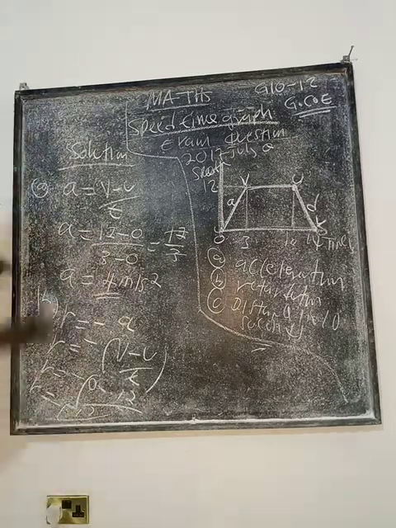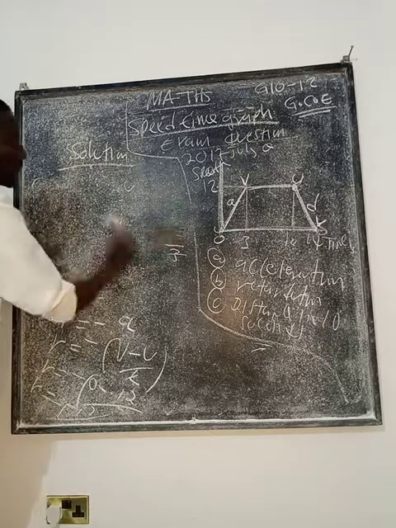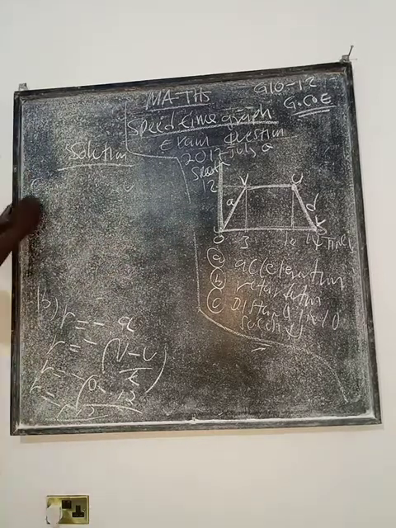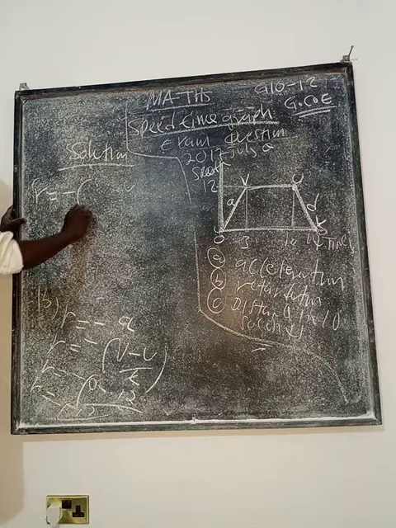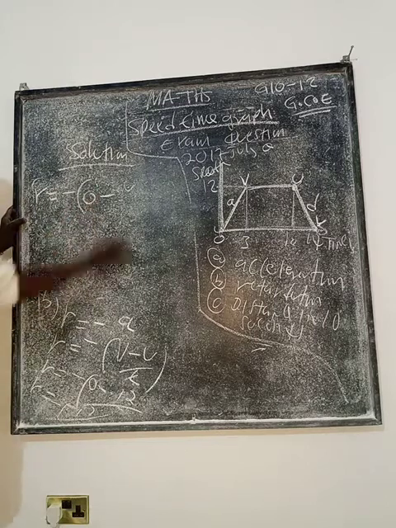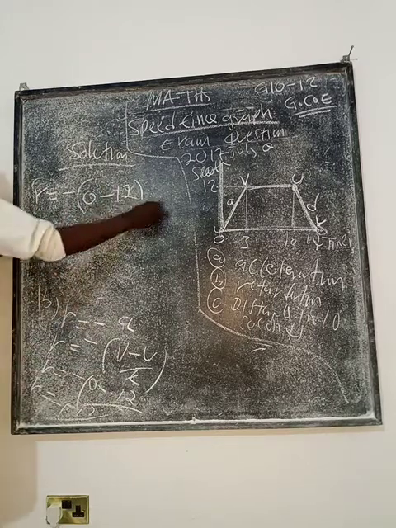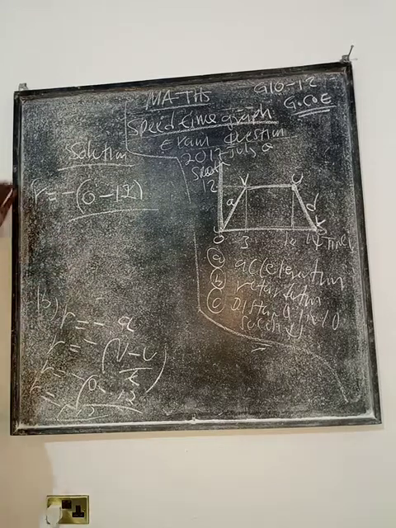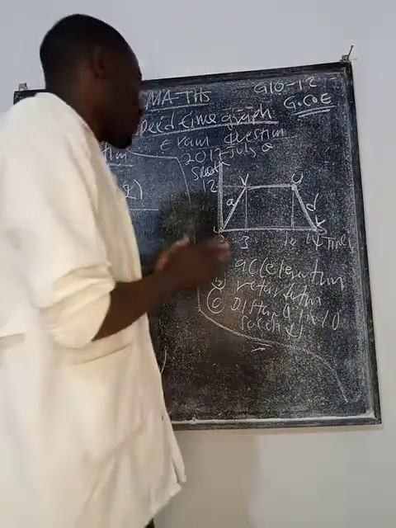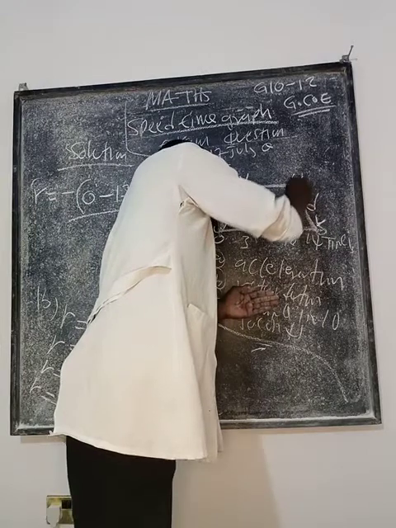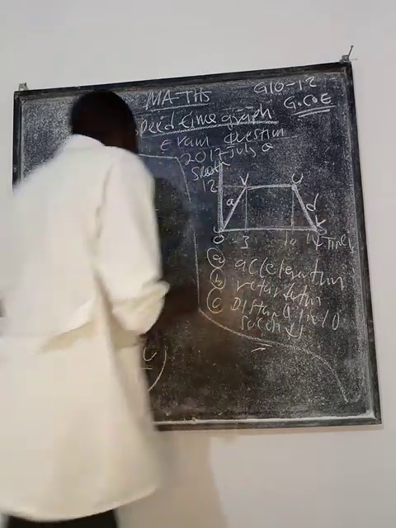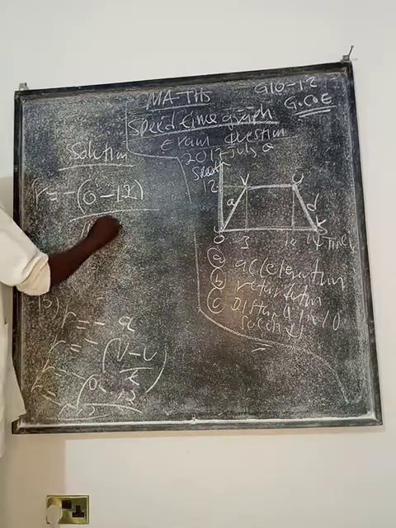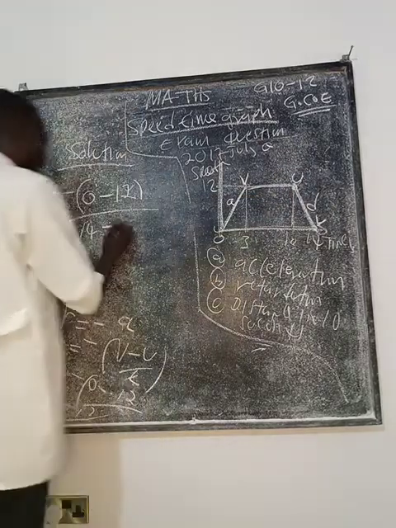So let me delete this. We are saying retardation is equal to negative the 0 minus the 12 over time. You have to subtract where it is starting and where it is ending. Let's start with the ending part. 14 minus where it's starting, 10.